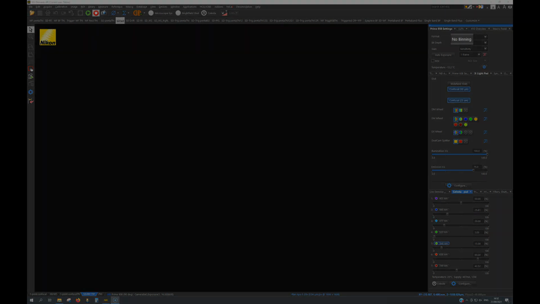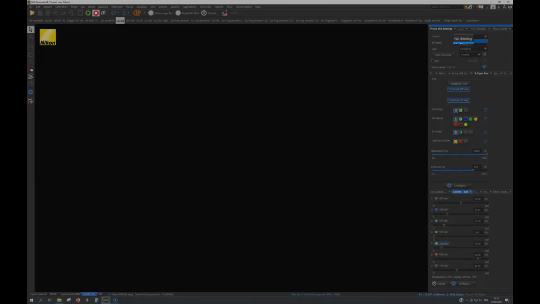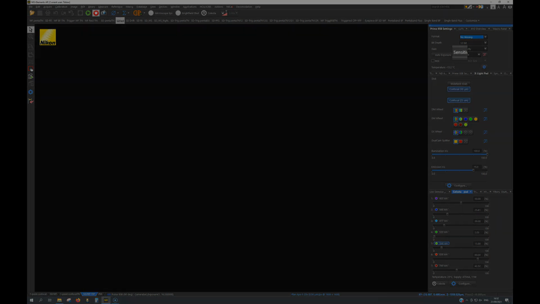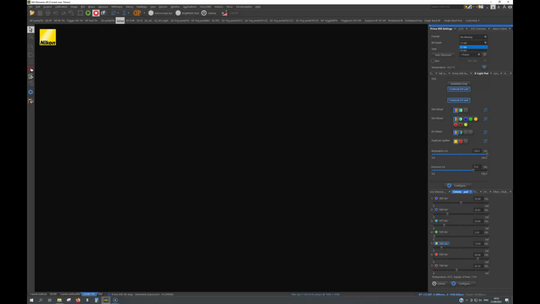The first one is the binning of the camera. We will not use any binning. The second parameter is the bit depth. We can use 12 or 16 bits, where 16 bits give us higher dynamic range, but for this camera it is slower to acquire 16 bits than 12 bits, so we'll use 12 bits for high speed.